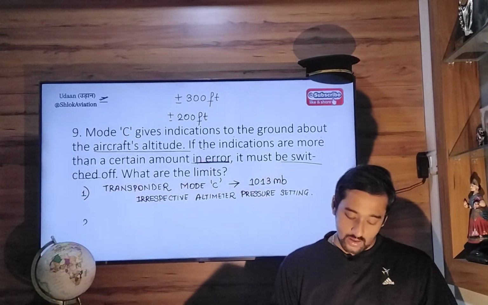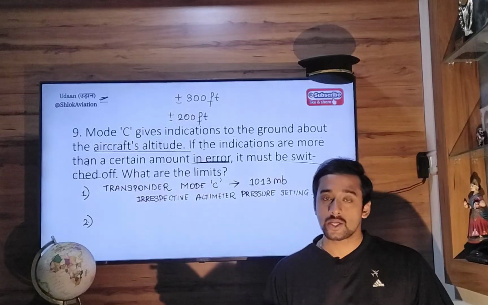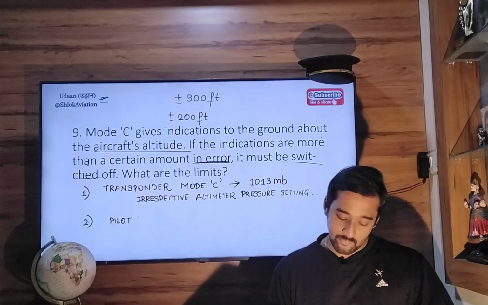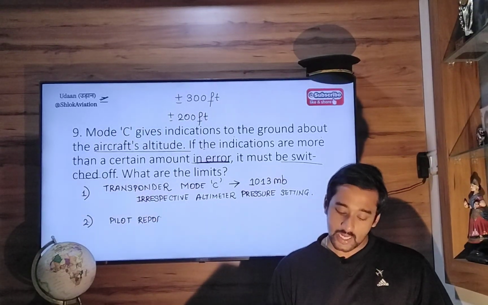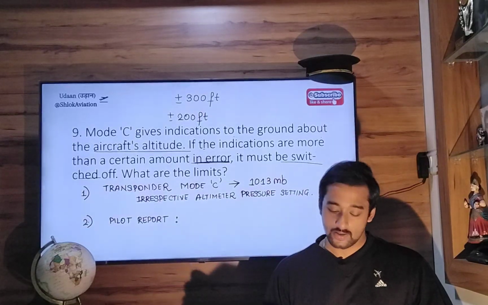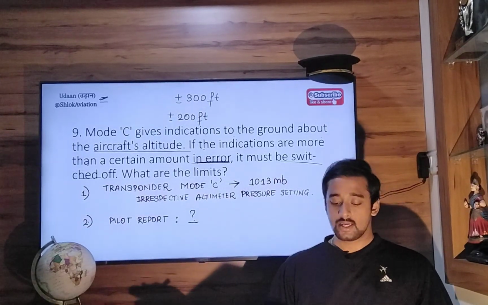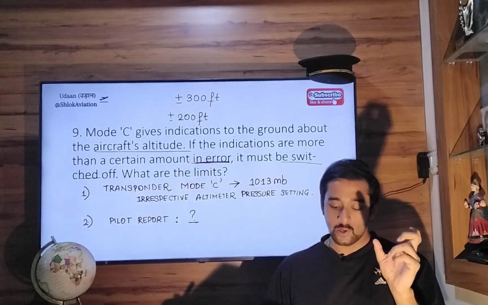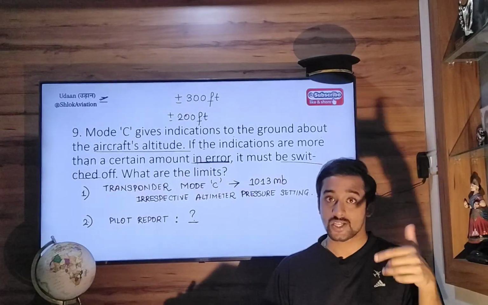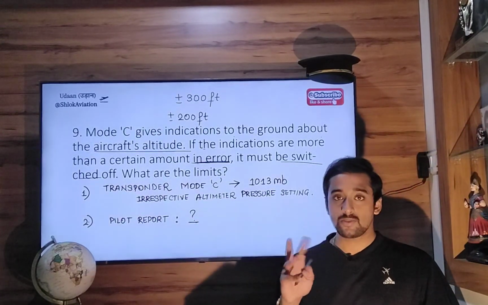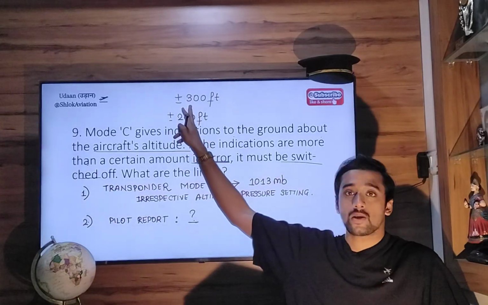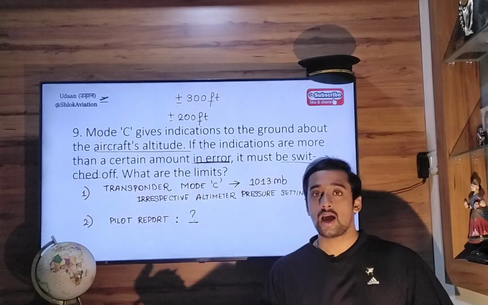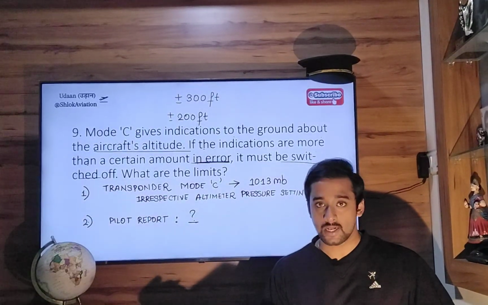Next, the ATC controller may also ask the pilot to report his altitude or flight level. Now, if the difference between the altitude reported by the pilot and the altitude or flight level transmitted by the transponder is more than plus minus 300 feet, then the ATC controller will ask you to switch off the mode C capability of your transponder.